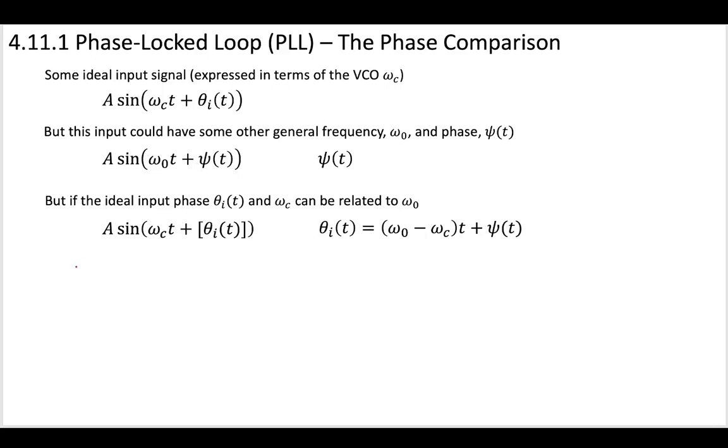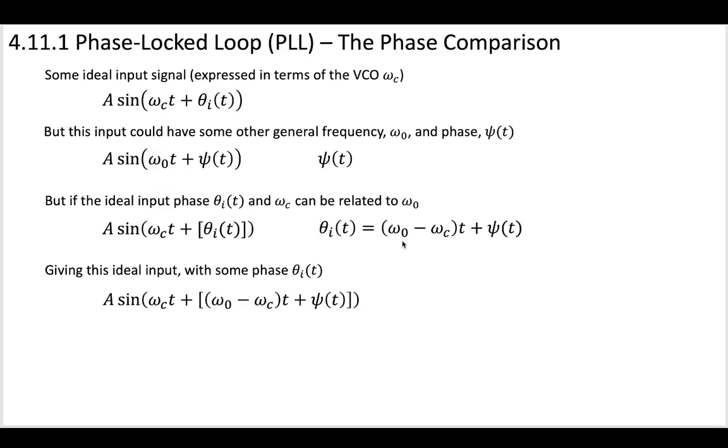And so if we write our input phase as the difference between the frequency that we received and the free running frequency, plus that phase, then we could keep this same form and rewrite the input sinusoid so that this input phase is based on whatever that received frequency is.